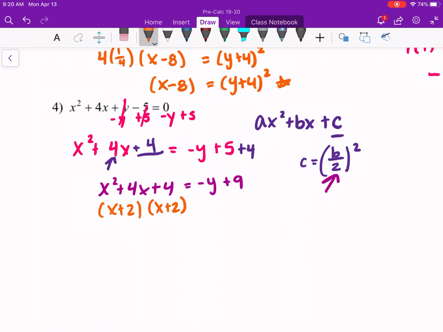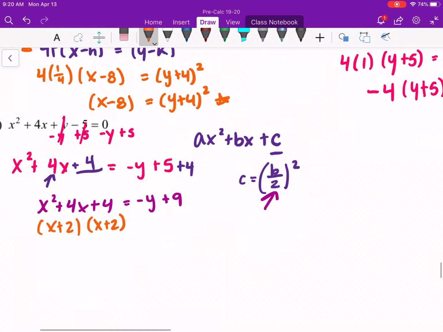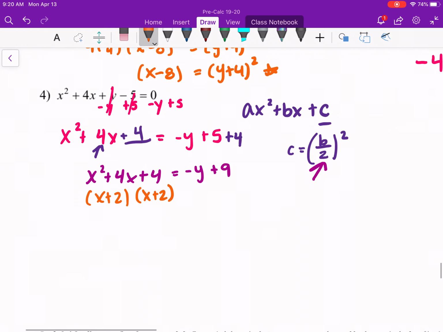But remember, that's not what we're looking for. We're hoping it's going to end up looking like this form again, meaning that we don't want to see x plus 2 times x plus 2. We want to see x plus 2 squared, because we know that anything times itself is the same thing as taking that thing and squaring it. And of course, that's going to get us closer to the formula that we're looking for.